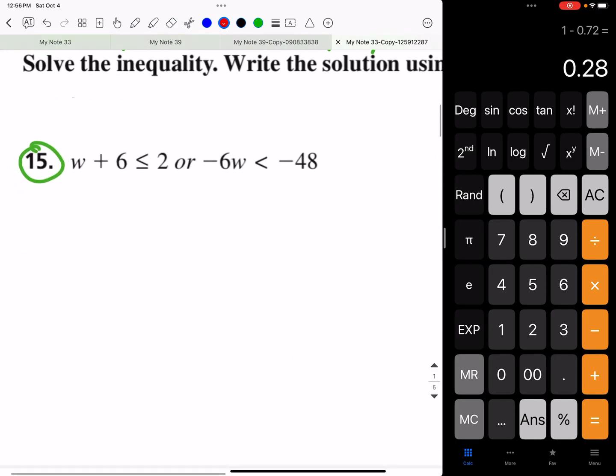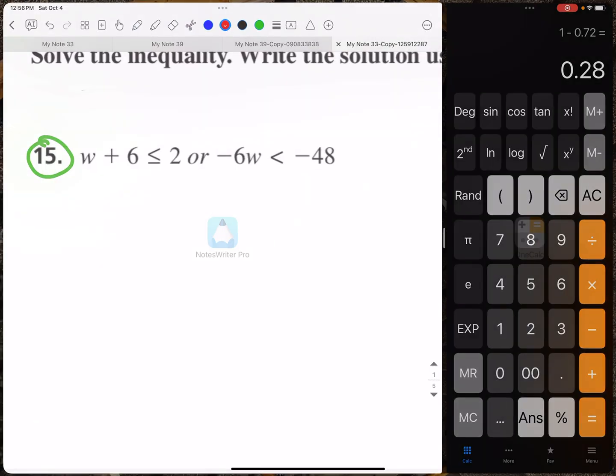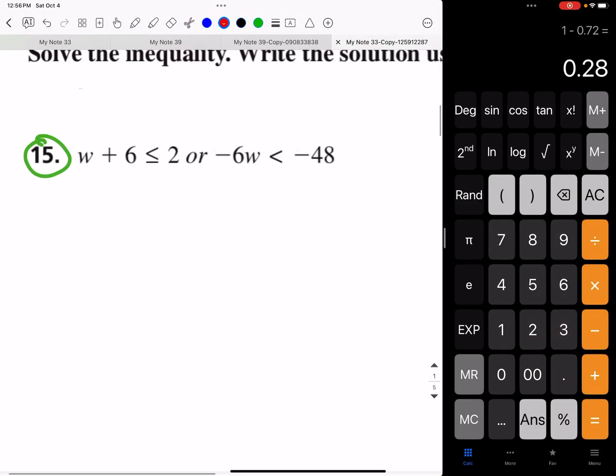All right, down here, these are like two problems at the same time. Let's see. For this one, let's minus 6. So w is greater than or equal, or less than or equal to negative 4. On this side, if we divide by negative 6, we have to switch the sign. So w is also, come on, pen.